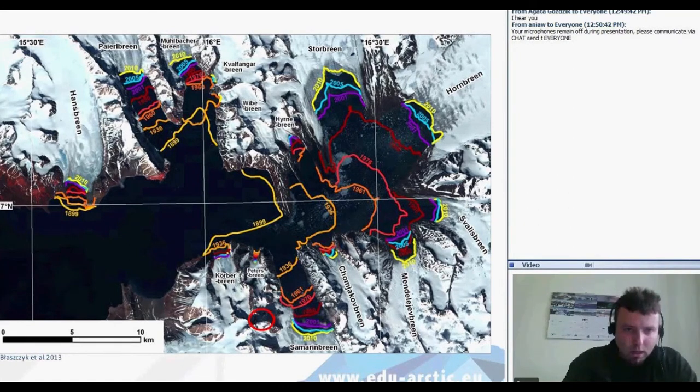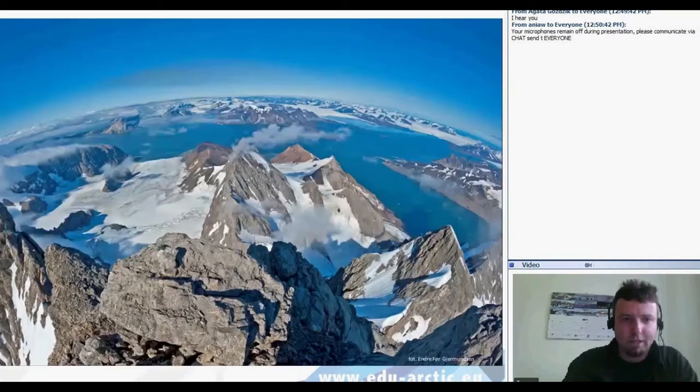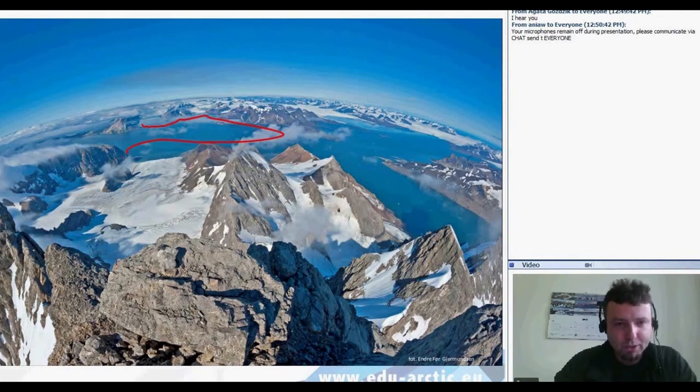And now I would like you to focus on this particular point that appeared in the middle, in the lower part of the picture here. So that's the place where this picture was taken, on the top of Hornsund Tind. And here we can see the Hornsund Fjord. And the glaciers in the beginning of the 20th century were up to here, from the right to the red line.